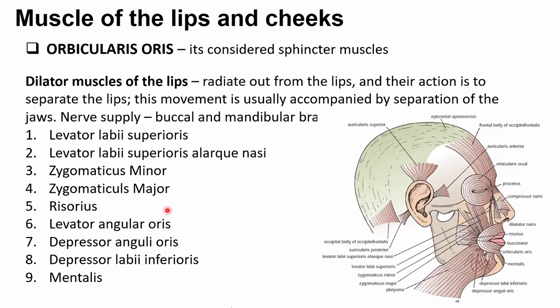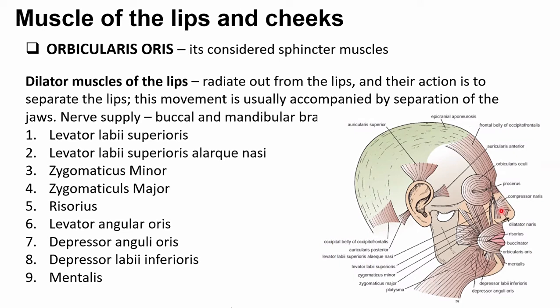Next we have the muscles of the lips and the cheeks. For the muscles of the lips, we have orbicularis oris. It is considered the sphincter muscle. And the rest are the dilator muscles of the lips. There's a levator labii superioris alaeque nasi. That means it's connected to the nose. That's the most medial part.